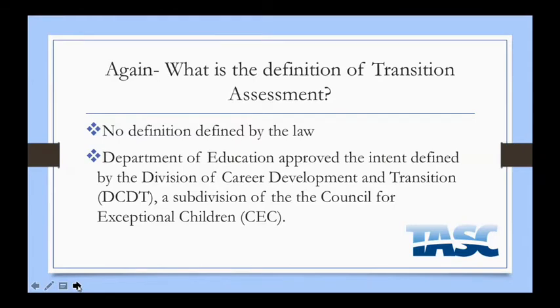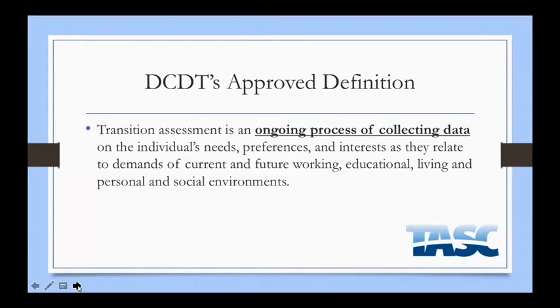But while age-appropriate transition assessment isn't defined by the law, there's some clues as to the intent of what that should be. And so therefore, DCDT, which is the Division of Career Development and Transition, a subdivision of the Council for Exceptional Children, has defined transition assessment for us as the ongoing process of collecting data on the individual's needs, preferences, and interests as they relate to the demands of the current and future working, educational, living, and personal and social environments.